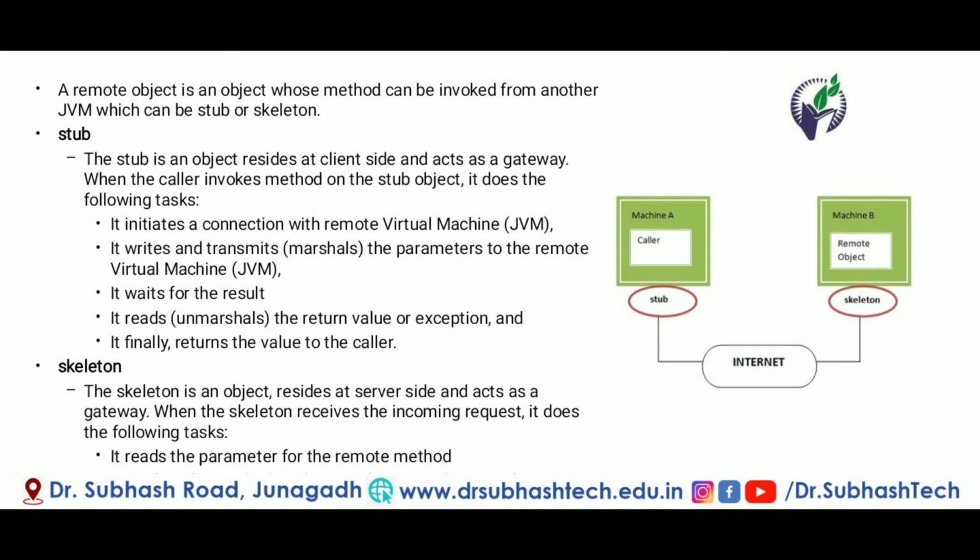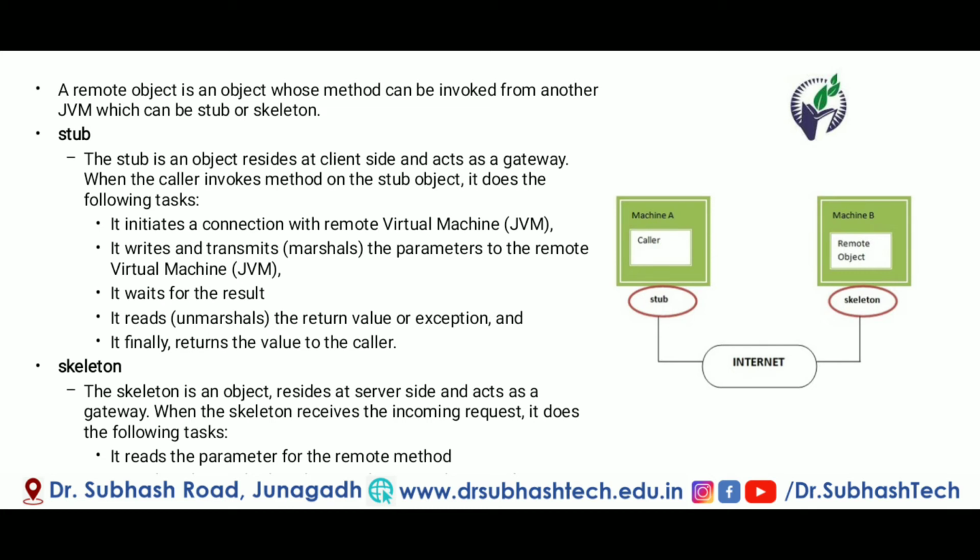Then the second thing performed by the stub object is that it writes and transmits the parameters to the remote virtual machine. It means that when you want to access the functionality of the server side or the remote object, at that time you have to pass parameters of that particular functionality.